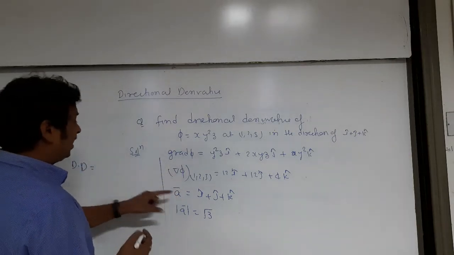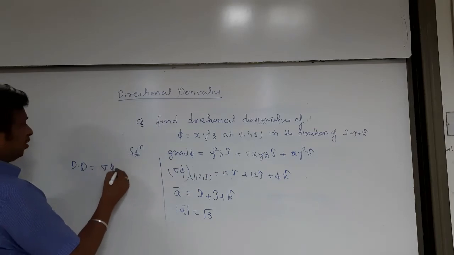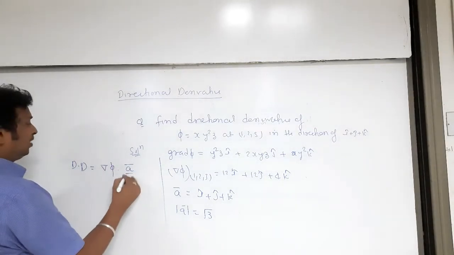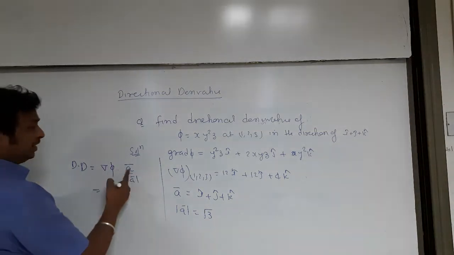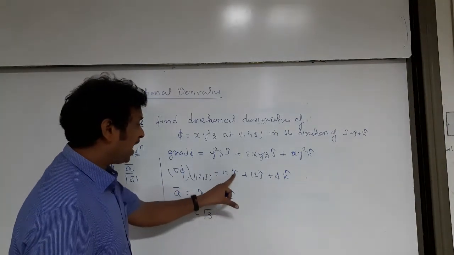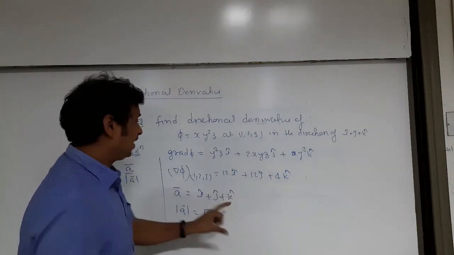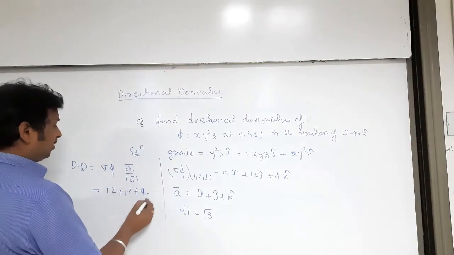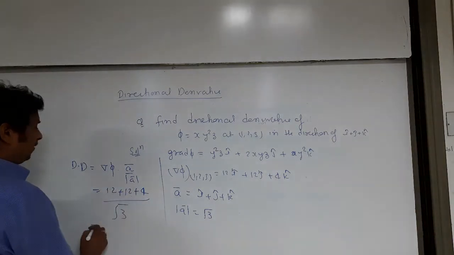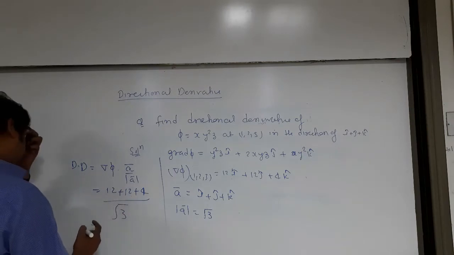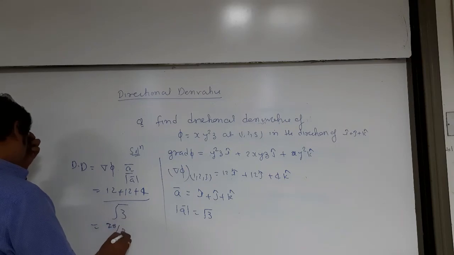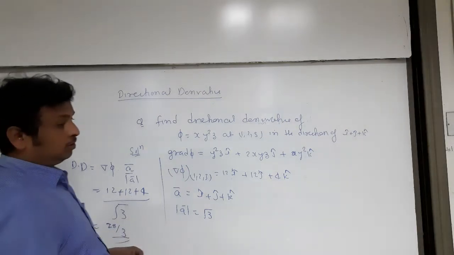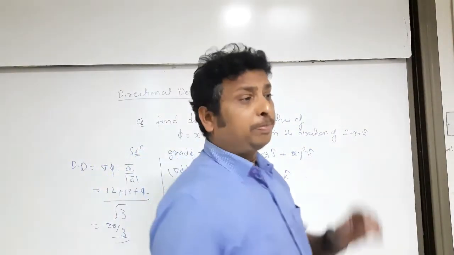Del phi dot A cap, that is del phi dot the A vector divided by mod A. Take the dot product of del phi and the A vector: i with i, j with j, k with k. So it is 12 plus 12 plus 4 upon root 3.